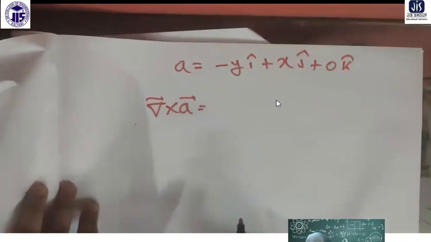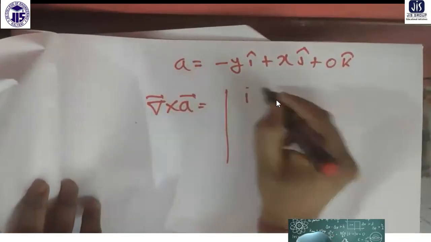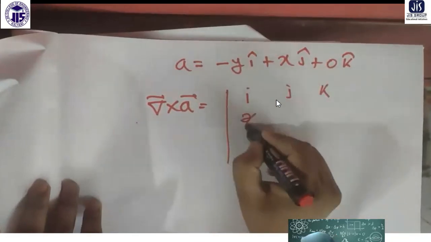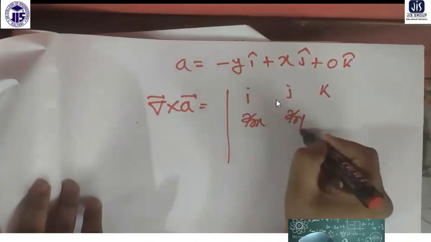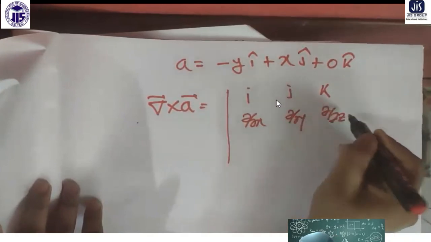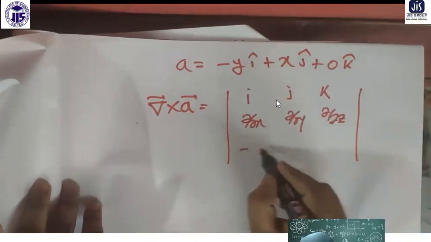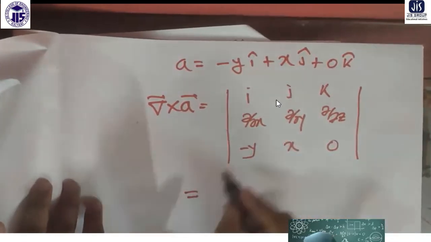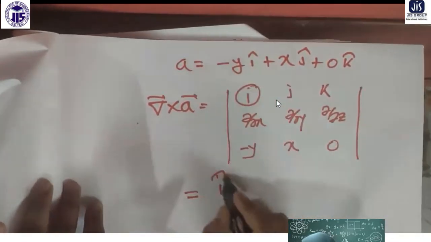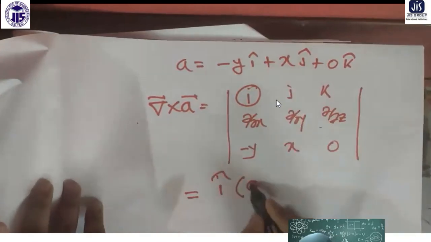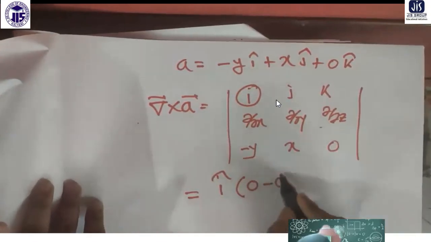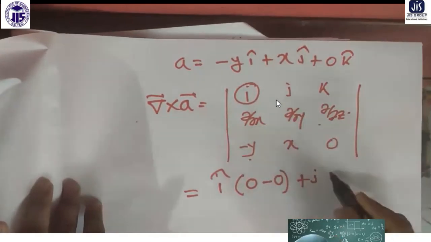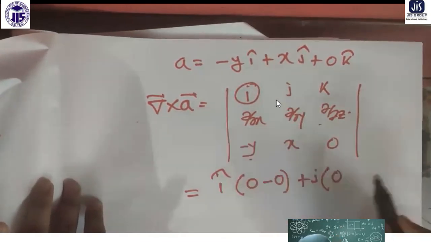Curl of A is the determinant of i, j, k; del x, del y, del z; minus y, x, 0. If you do first i, del y of 0 is 0, del z of x is 0. Then for j, del z of minus y is 0, del x of 0 is 0.